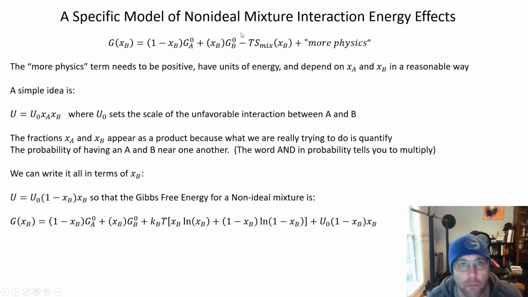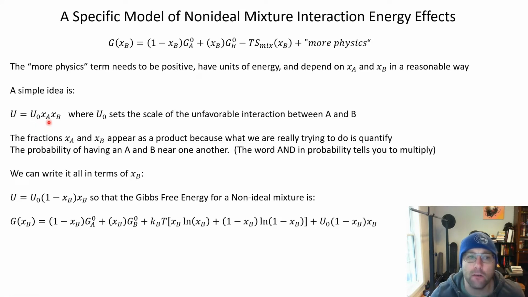And so the simplest proposal that has been made for a model of non-ideal mixture effects looks like this. You write a potential energy term U sub 0, which is a constant energy value that sets sort of the energy scale of the unfavorability of the interaction. So this would be a material dependent parameter.